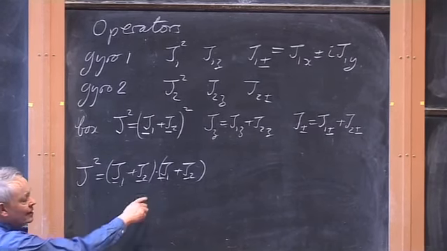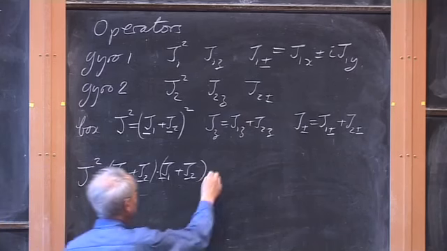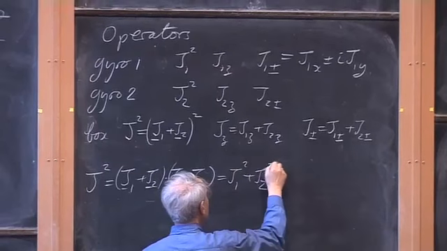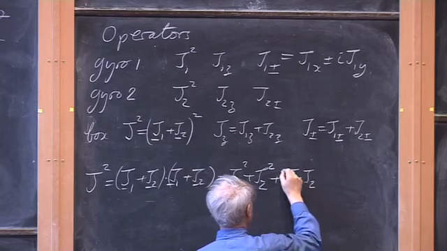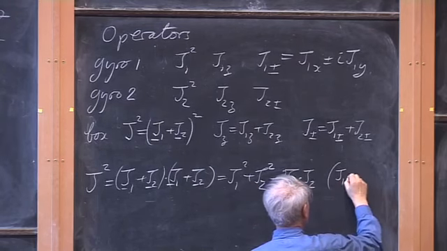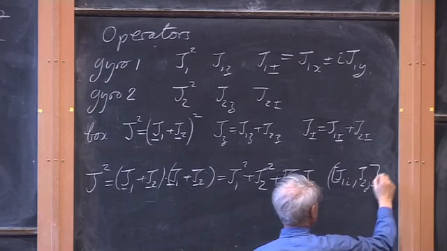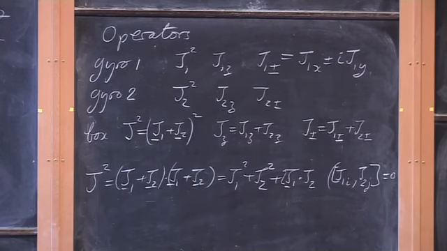So we can multiply this out just as if they were ordinary vectors, and find that this comes to J1 squared plus J2 squared plus J1 dot J2 twice over. This is because the commutator of J1i and J2j vanishes.